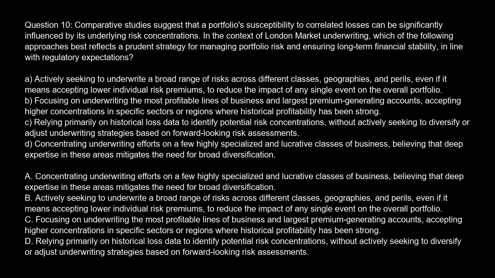Option C. Focusing on underwriting the most profitable lines of business and largest premium-generating accounts, accepting higher concentrations in specific sectors or regions where historical profitability has been strong. Option D. Relying primarily on historical loss data to identify potential risk concentrations, without actively seeking to diversify or adjust underwriting strategies based on forward-looking risk assessments.